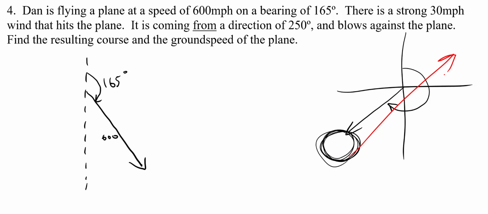If it's in the direction, if it's from, that's the word from. We'll get to the next problem. It says on the bearing of or in the direction of. But if it says from, then you need to go to that place and go the opposite way. Just like if I'm coming from north, go to north, which is up, and then go south because you're coming from the north.